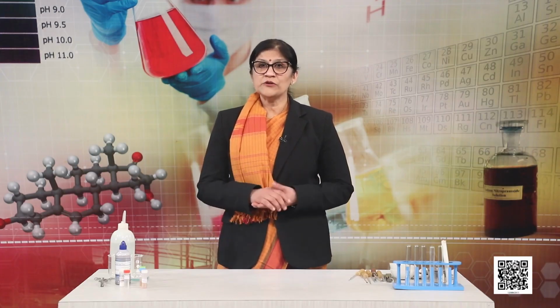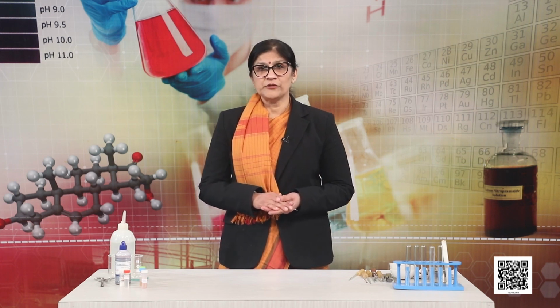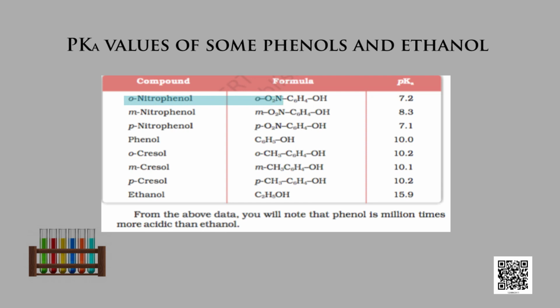Now, let us have a look at orthonitrophenol, metanitrophenol and paranitrophenol. Orthonitrophenol has a pK value of 7.2, metanitrophenol 8.3, whereas paranitrophenol 7.1, and phenol has a pK value of 10.